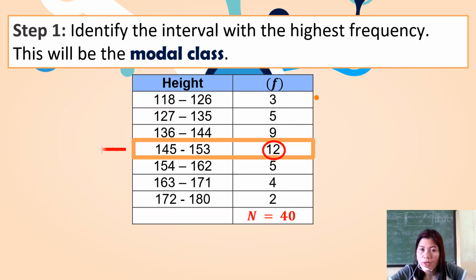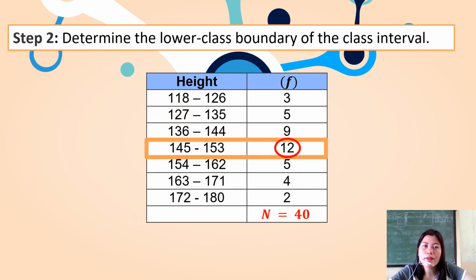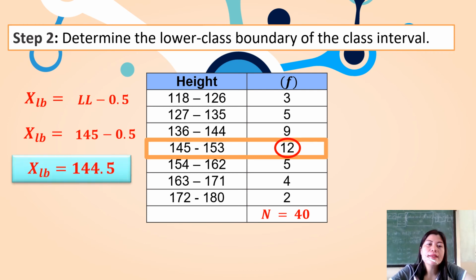Right? 12. So, therefore, this is our modal class. So, after that, you are going to determine now the lower class boundary of the class interval. Okay? So, of course, our lower limit is 145. So, 145 minus 0.5. As I told you, 0.5 is constant. Okay? So, therefore, that is 144.5.